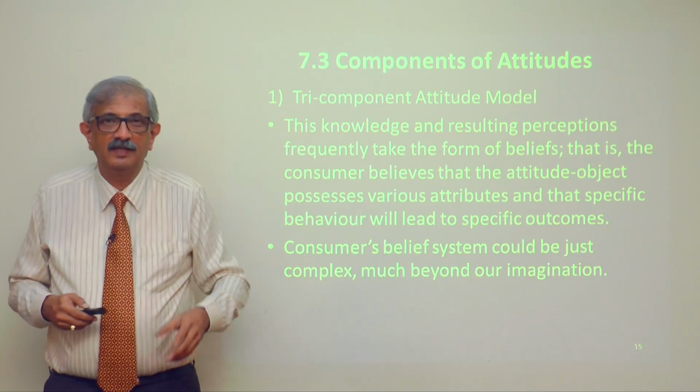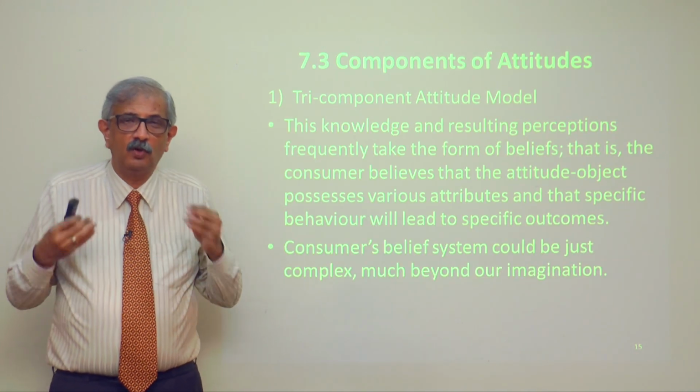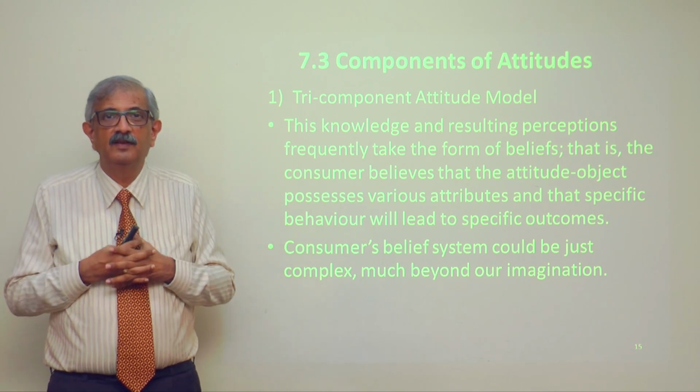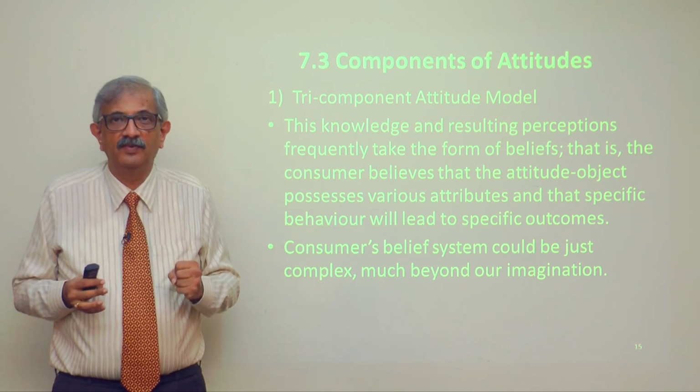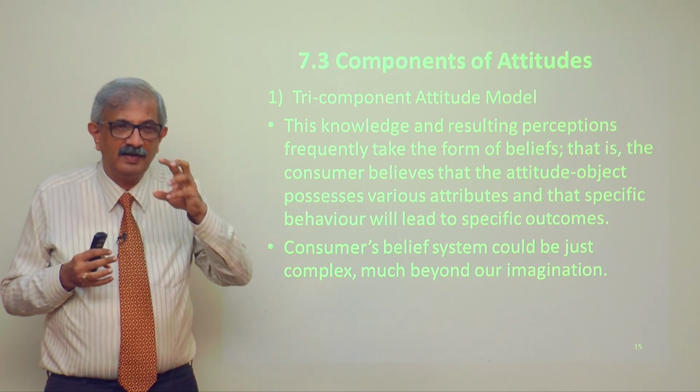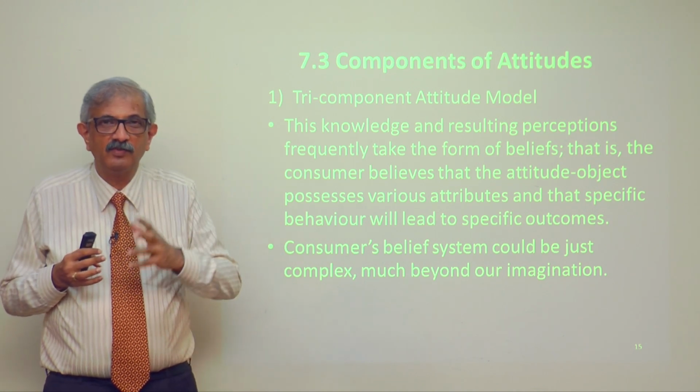An example is given here: cognition, affect, and conation. Though it shows each circularly connected, it starts with cognition, then affect, and then conation. So let's understand this a little more. This knowledge and the resulting perception that it builds frequently take the form of a belief. That is our understanding. When we arrive at an inference, it forms our belief.